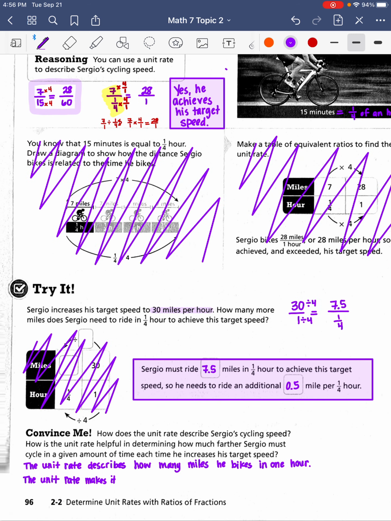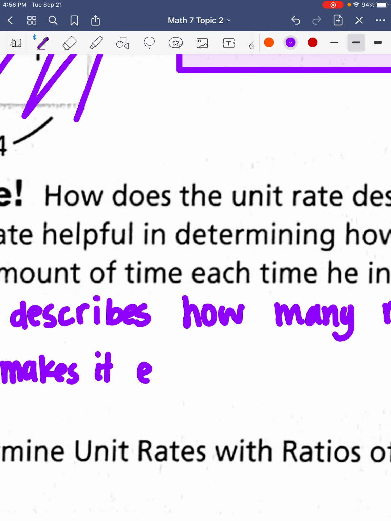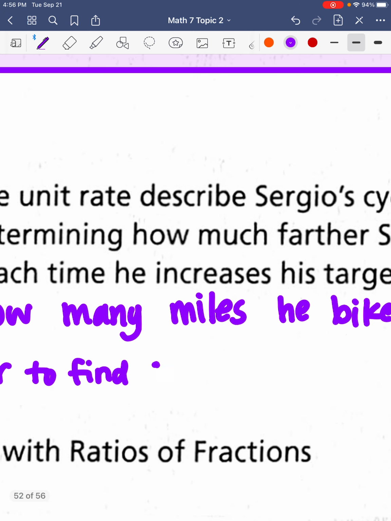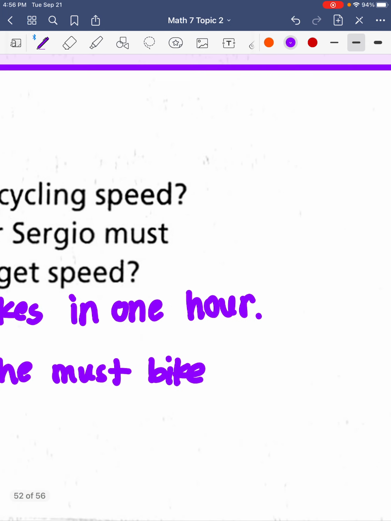Now, the unit rate makes it easier to find the distance he must bike in any amount of time.